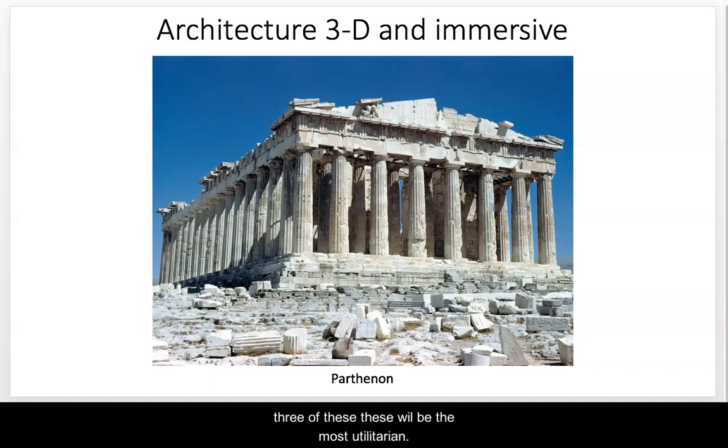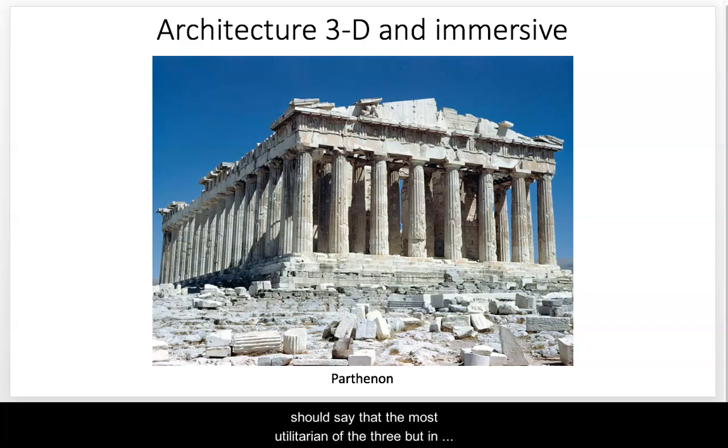Of the three of these, architecture would be the most utilitarian and also the most immersive in that you go inside of them. There are modern and contemporary types of sculpture that play with this, like installation art, but we're not going to look at that in this course.